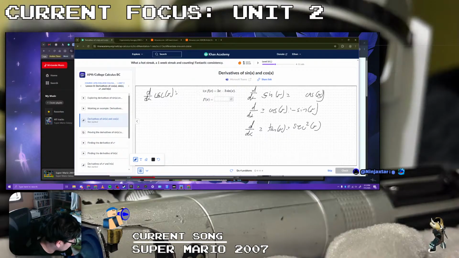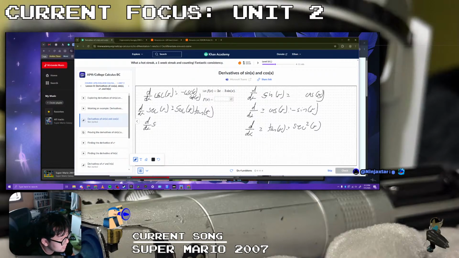The derivative of cosecant equals negative cosecant cotangent. The derivative of secant equals secant tan. And the derivative of cotangent equals negative cosecant squared.